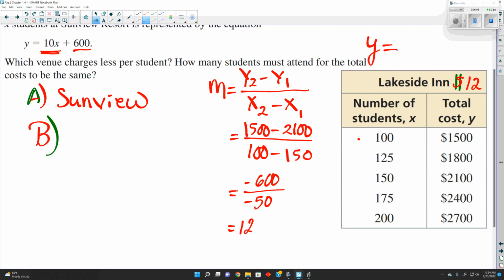For Lakeside Inn, we know for certain that we have 12x plus whatever our y-intercept is, because the final answer of any of these equations is y equals mx plus b. Do we know the y-intercept, or the initial cost, for Lakeside Inn?